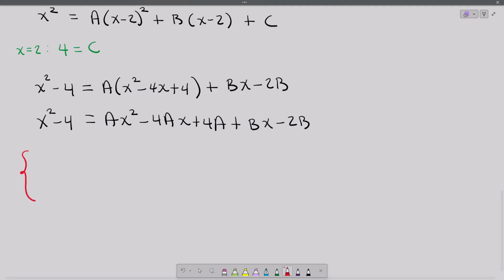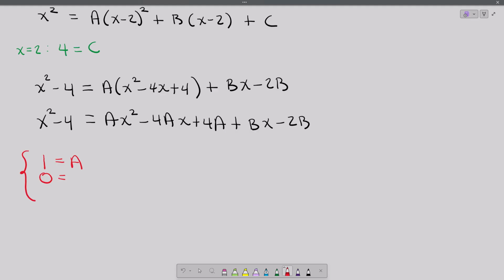So, what's the coefficient of x squared on the left? 1. What's the coefficient of x squared on the right? What's the coefficient of x on the left? 0.